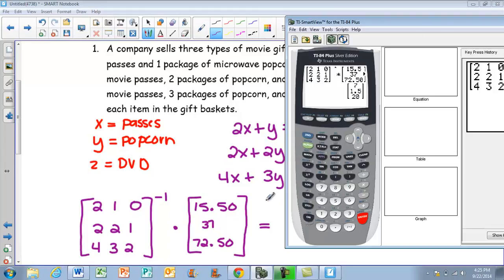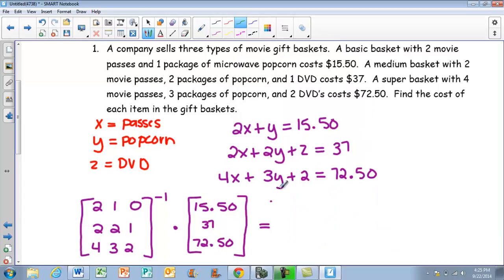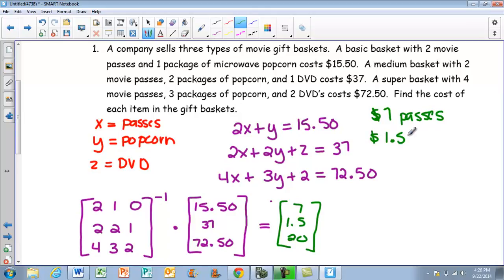So if I go back to my screen here, it gave me 7, 1.5, and 20. So now I need to convert what this actually means. So for my actual answer, it's going to be $7 for the passes, $1.50 for the popcorn, and then it's going to be $20 for each DVD.